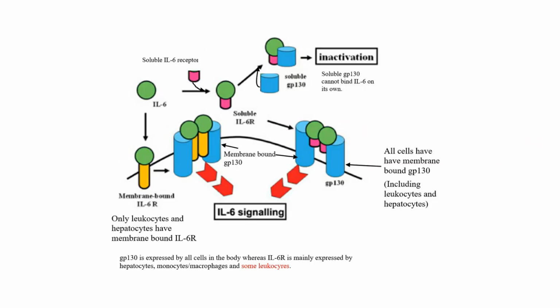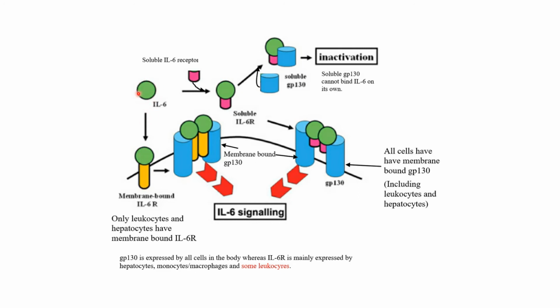Receptors on cells for IL-6. There are two types of receptor systems on cells. All cells have this type, this arrangement. Only a few, namely some leukocytes and hepatocytes, have this arrangement. Here there is a membrane receptor for IL-6. IL-6 comes and binds to this receptor.